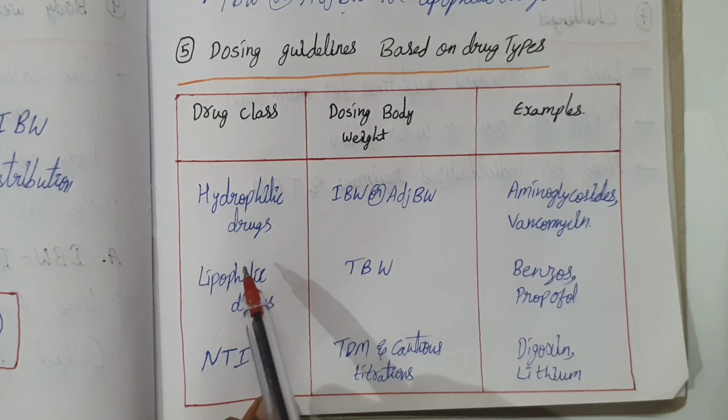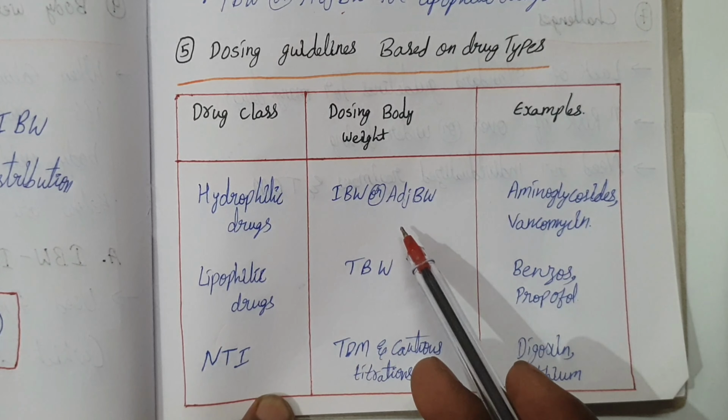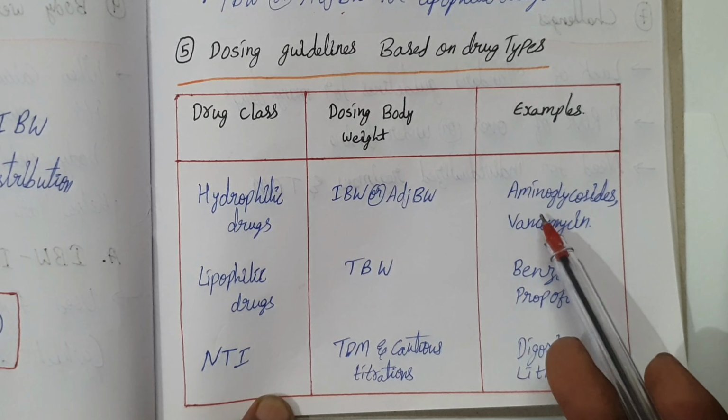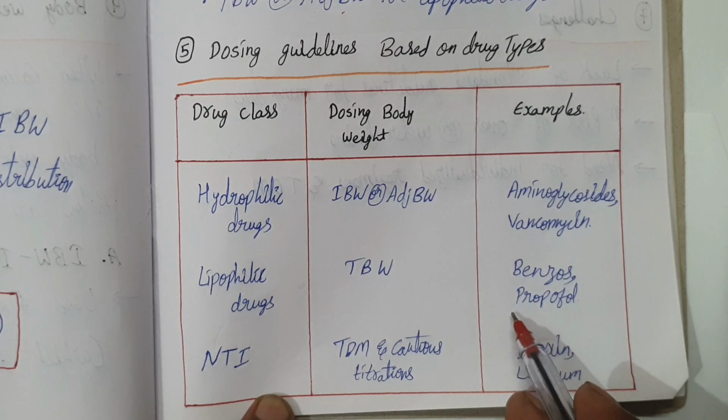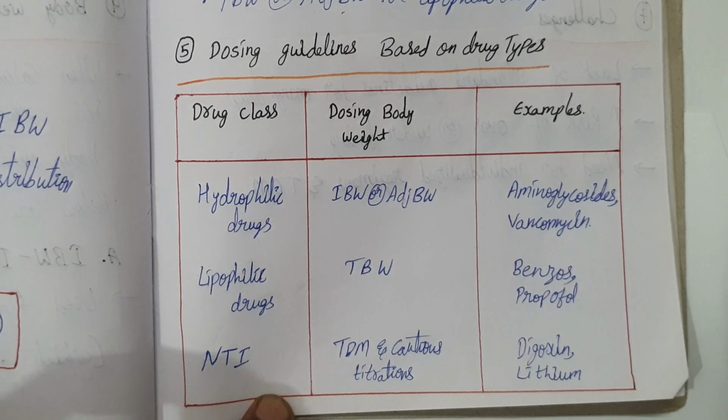Hydrophilic drugs use IBW or adjusted BW, for example aminoglycosides and vancomycin. Lipophilic drugs use TBW, total body weight, with examples being benzodiazepines and propofol. While NTI, narrow therapeutic index drugs, need TDM and slow titration, for example digoxin and lithium.